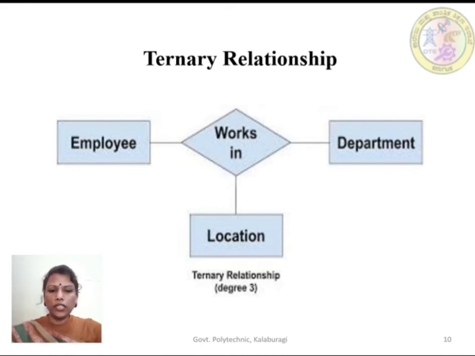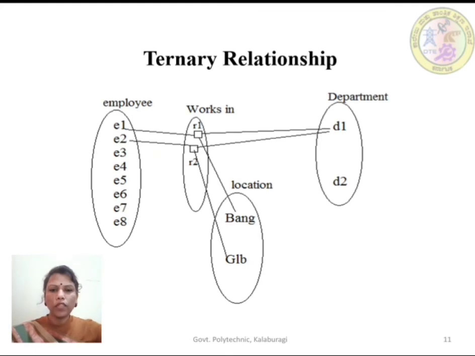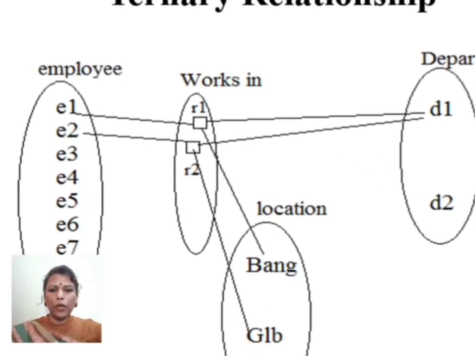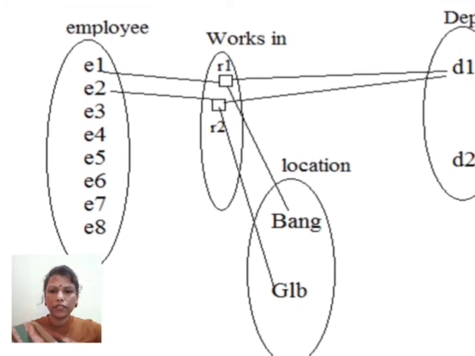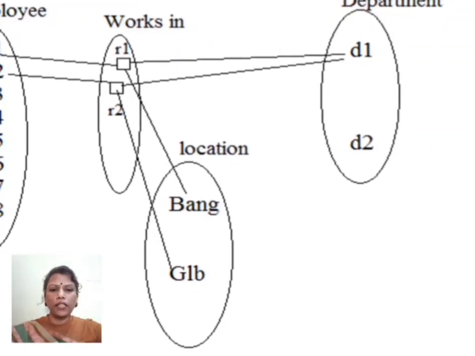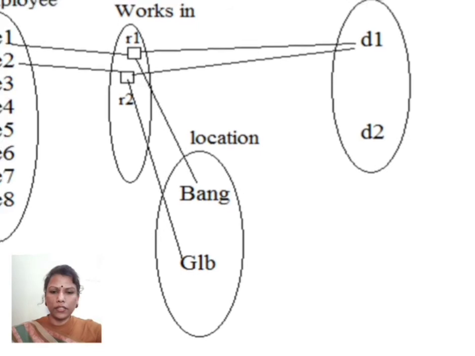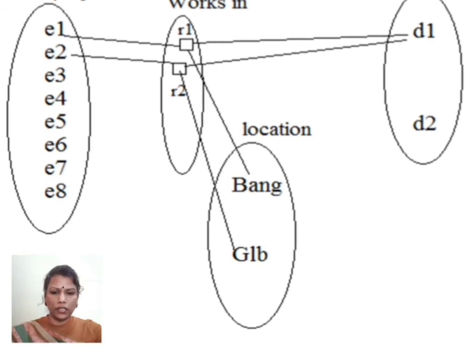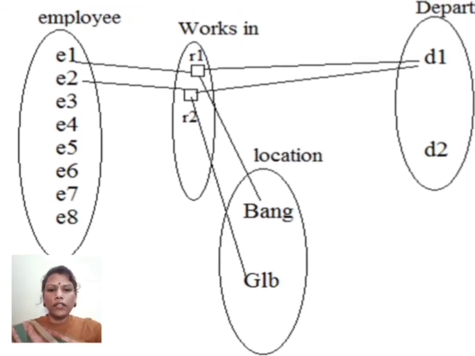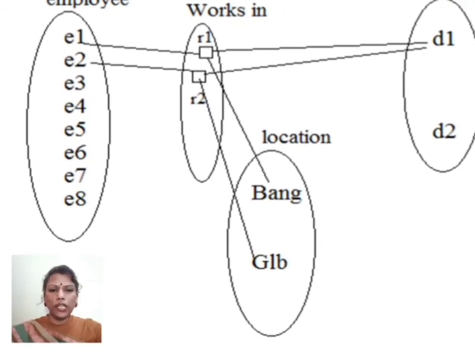Let's see the instance diagram of this. Here the employee entity type has 8 entities, department has 2 entities, and location has 2 entity instances. Let's see how these 3 entity types participate in a single works in relationship type.